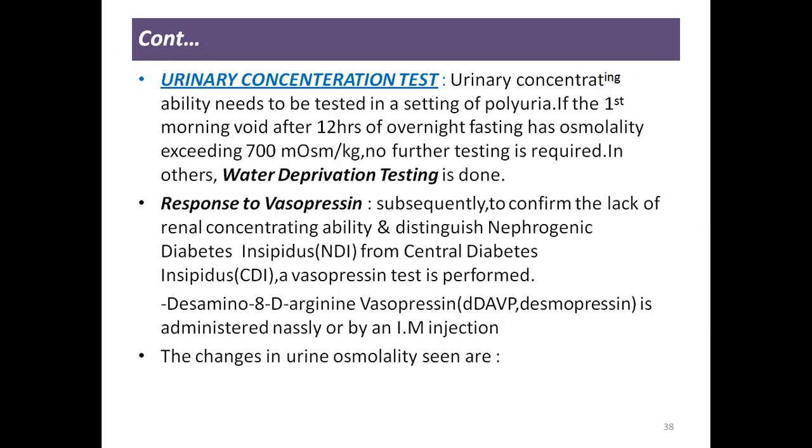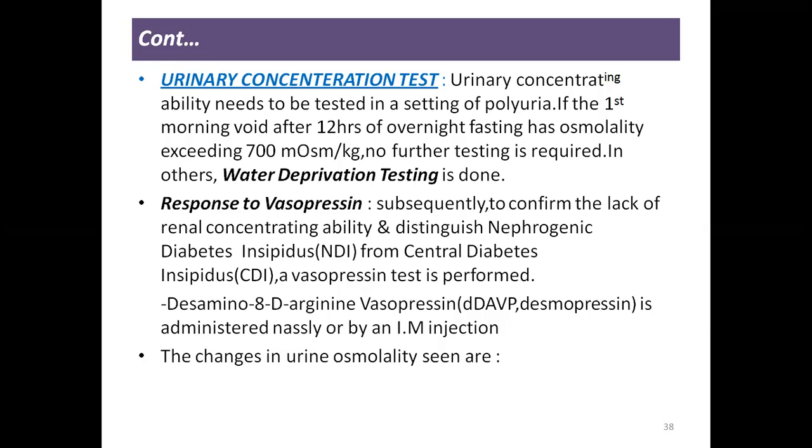Now we also have the response to vasopressin. To confirm the lack of renal concentration ability and distinguish nephrogenic diabetes insipidus from central diabetes insipidus, a vasopressin test is performed. Now, how do we do it?